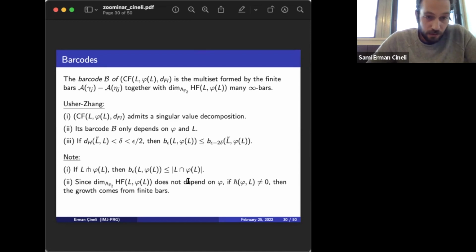And the second note is that the dimension of the homology does not depend on the Hamiltonian diffeomorphism. So if our barcode entropy is non-zero, then the growth comes from these finite bars. In the epsilon, we always count infinite bars, because infinite is more than epsilon, but the growth does not come from there.